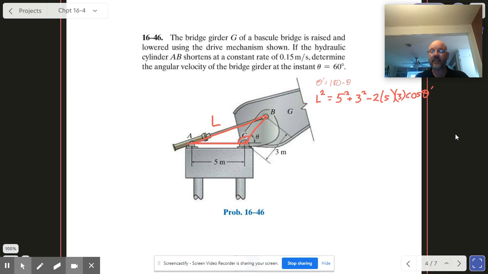All right, let's simplify that just a little bit here. So we get L squared is 36. So 25 plus 9, that's 36, minus 30 cosine theta prime. All right.